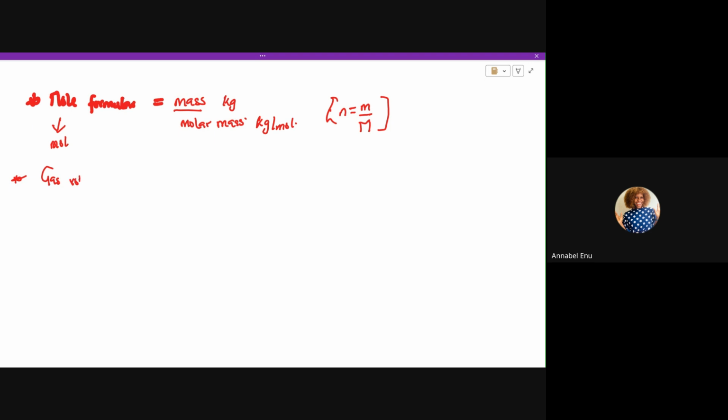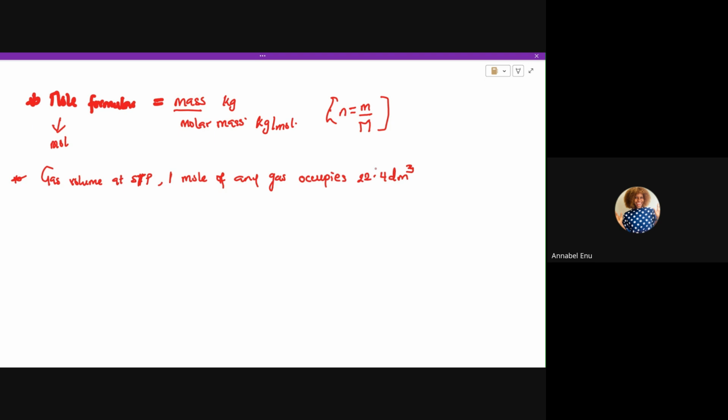Then gas volume at STP, that is standard temperature and pressure. You can see questions where they say at STP, the number of moles for this is equal to what. That is to say at STP, 1 mole of any gas occupies 22.4 dm cube.